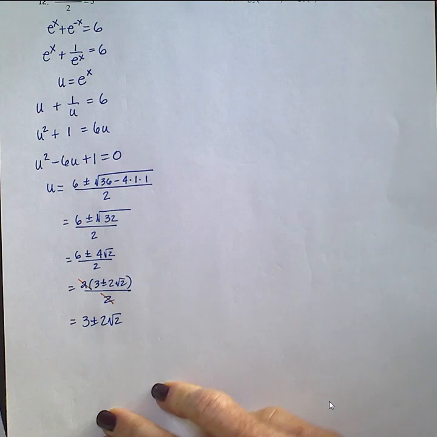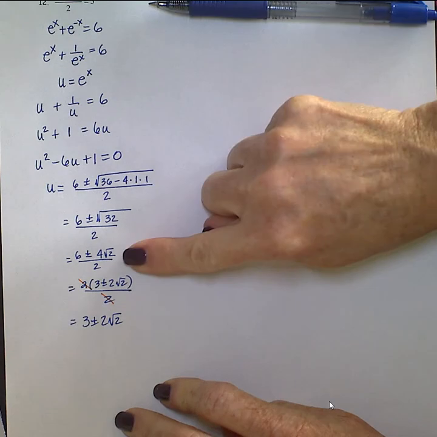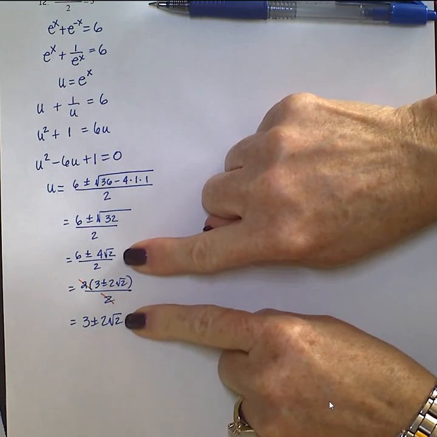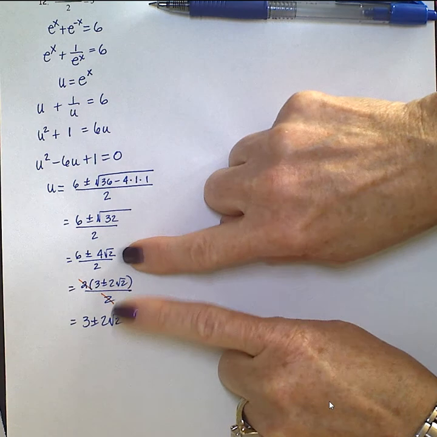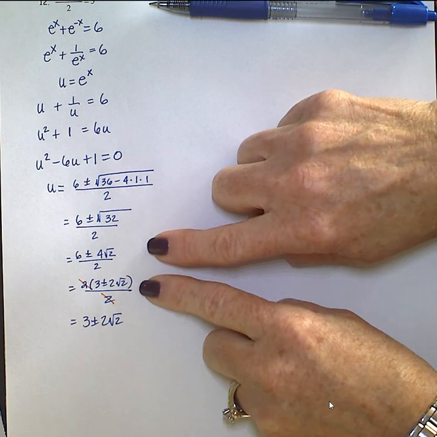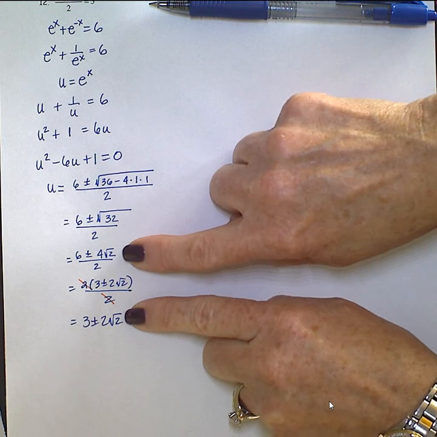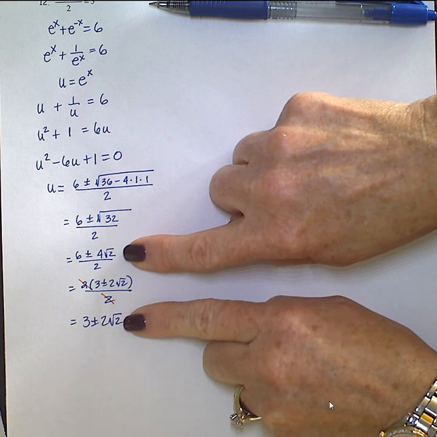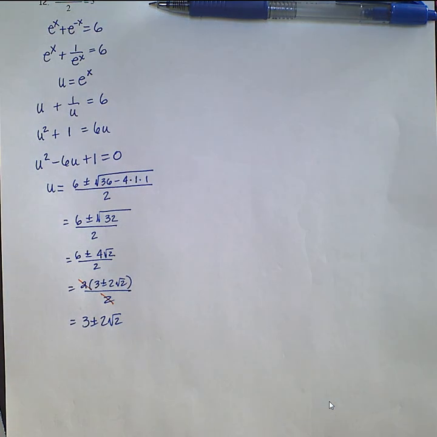If you can go from this line right here to that one, and divide 2 out of everything, that's okay. If you don't see that, then factor the 2 out of the top and then cancel. Does that make sense? Are we done?